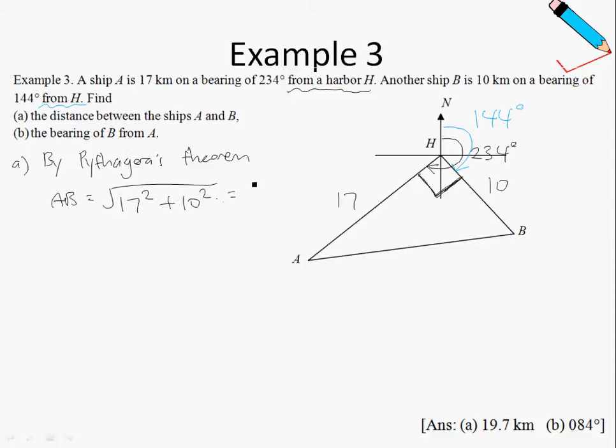If I work this out, I'll get the square root of 389. Rounding it off to 3 sig fig, I get 19.7 km.